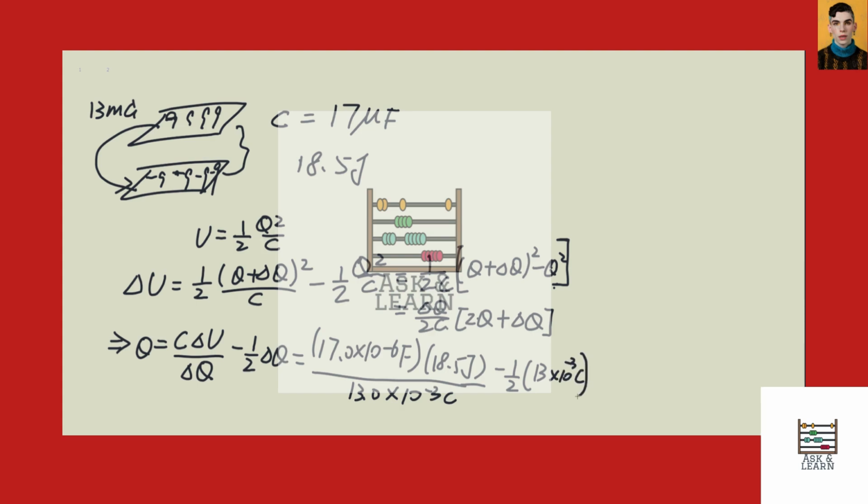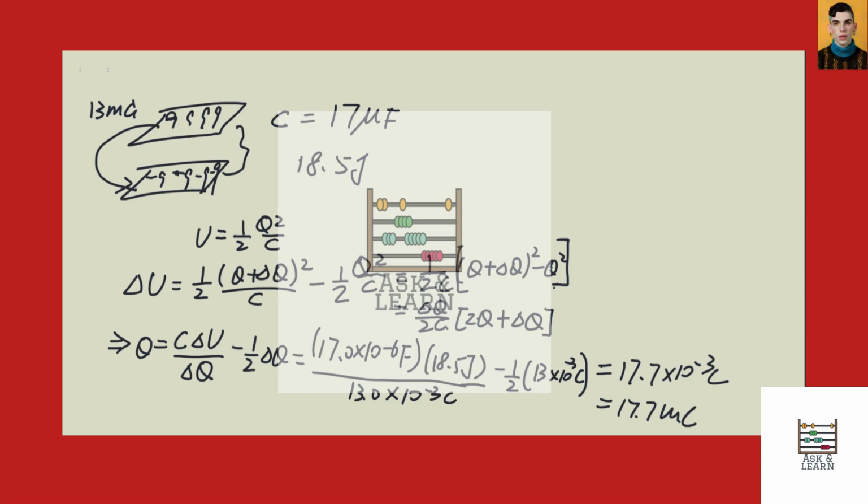Together that gives us 7.7 millicoulomb. That is the amount of charge on each plane.